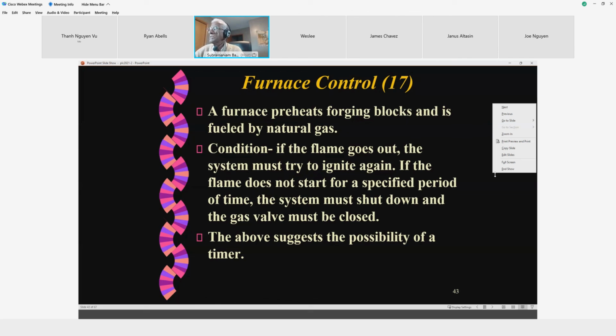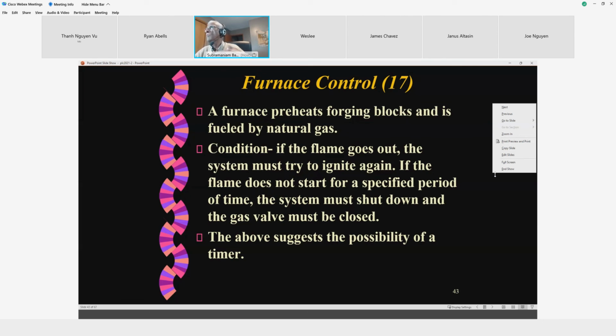If in the second time, well, the flame didn't come, the gas valve was open, accumulation of gas inside, a spark is trying, but something is wrong. The flame is not coming. Shut the whole thing down. First thing you want to do is shut the gas valve.